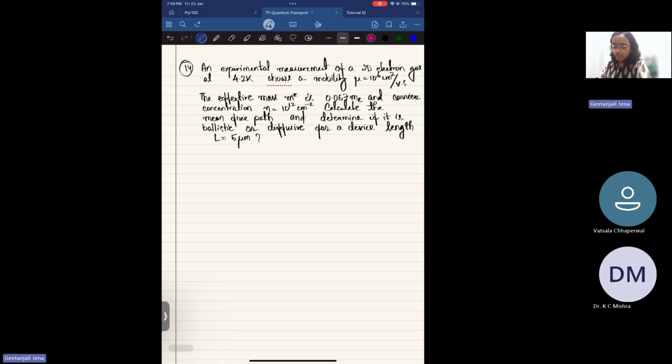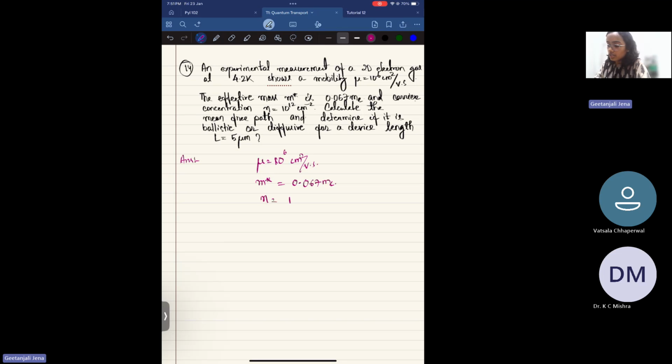Okay, question number 14. It's related to diffusive or ballistic transport. It's given an experimental measurement of a 2D electron gas at 4.2 Kelvin. It shows a mobility mu of 10^6, and the effective mass is 0.067 ME.